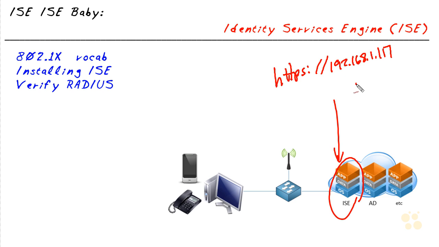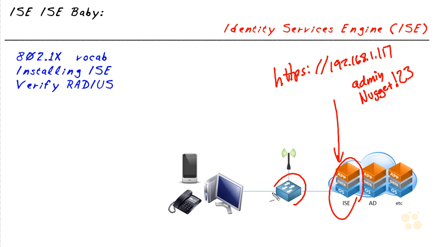It would ask me for a username. I'd go ahead and log in as admin. During the install process of the ISE server, it prompts you for what username do you want to use, what IP address do you want to use, what password do you want to use. And what I chose is a username of admin and a password of nuggetbang23.